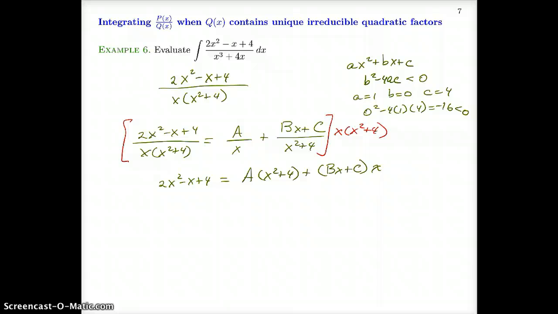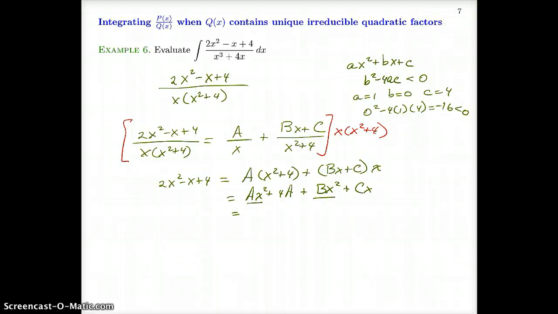But let me show you another method that's often useful in finding a, b, and c. So I'm going to write this as ax squared plus 4a plus bx squared plus cx, just distributing everything. And then I'm going to group my x squared terms together.